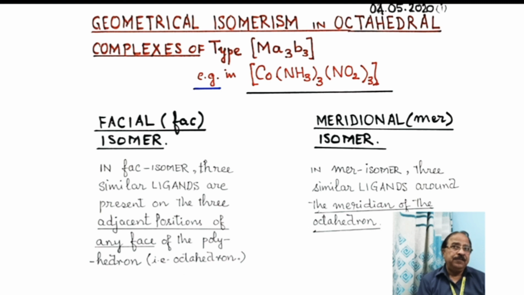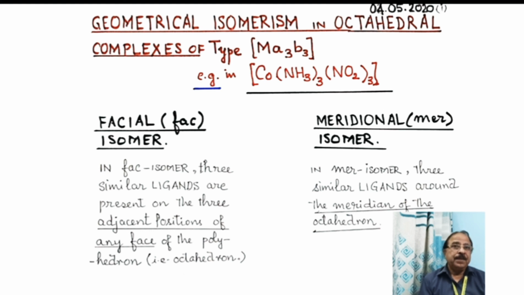So there are 8 faces of the octahedron. If 3 similar ligands are occupying the 3 corners of a face of the octahedron, we call it facial, we call it fac isomer.